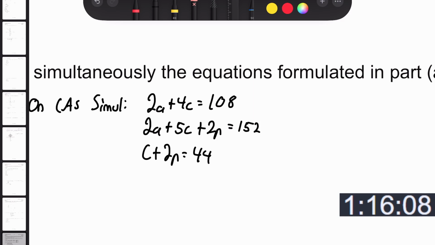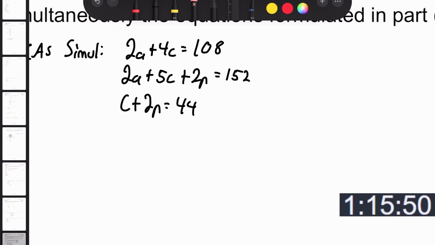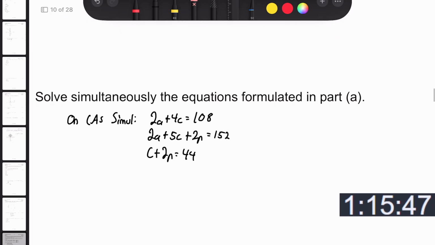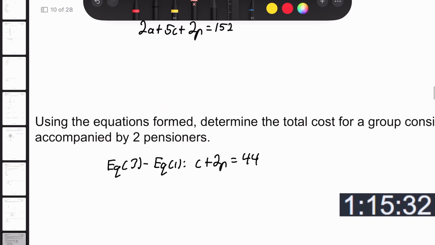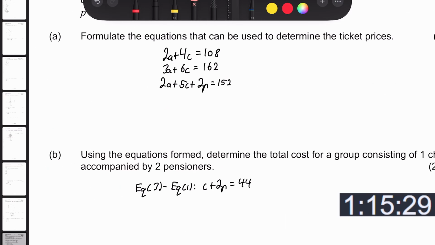Okay, this hopefully should give us a good answer. I'm still not getting nice answers. If I add another one, so then I go 3x plus 6y equals 162. Nope, still not going to give me an answer.